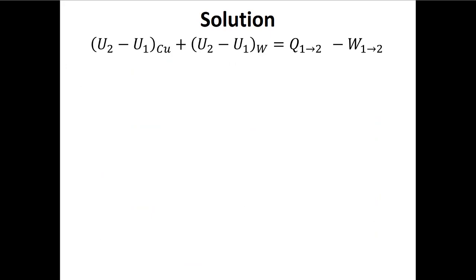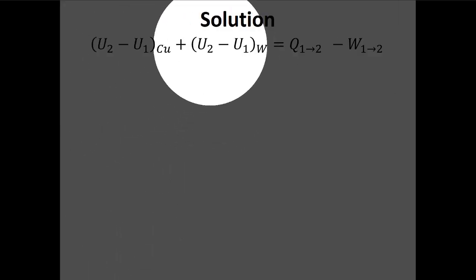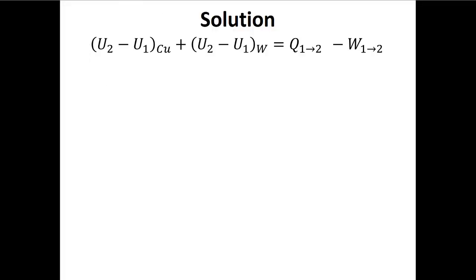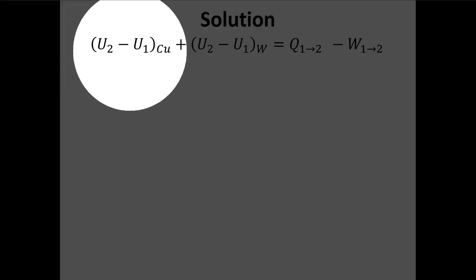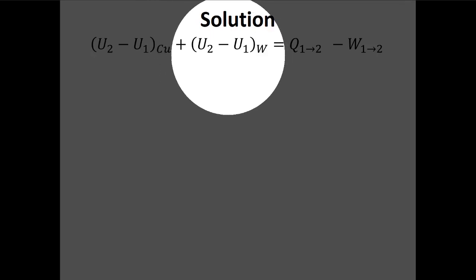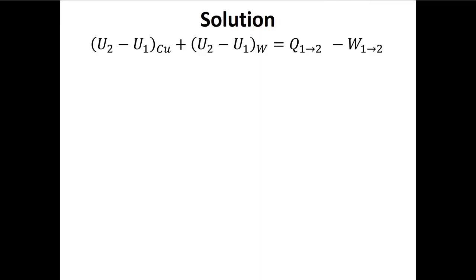If I've assumed that the change in kinetic and potential energies is small, then my delta E on the left-hand side of my first law becomes delta U. Because I have two different types of mass in my system, I've split my change in internal energy into two components: the change in internal energy of the copper plus the change in internal energy of the water. And that's going to be equal to Q minus W.